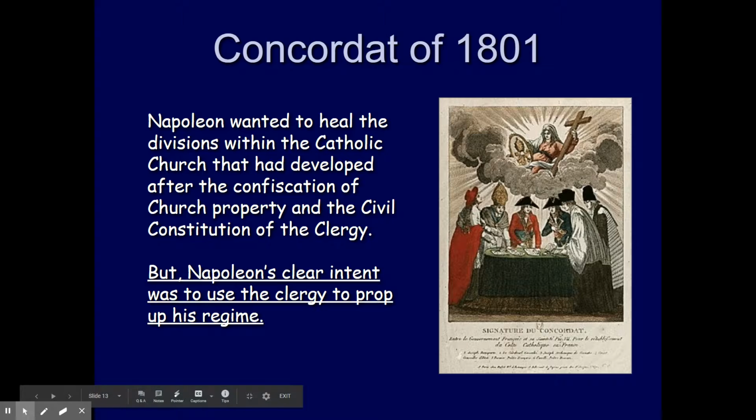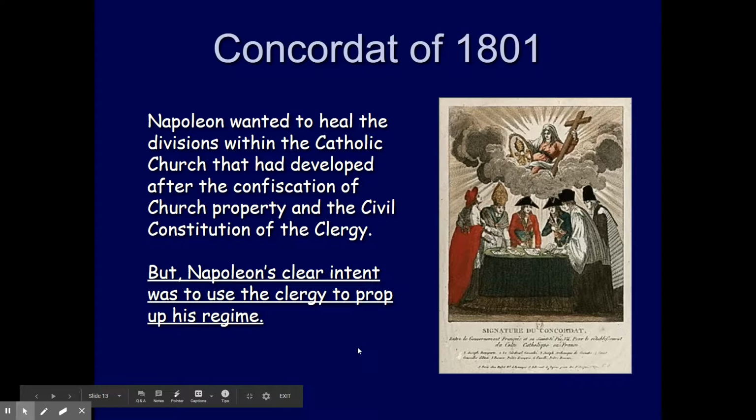He tried finding a middle ground solution between the First Estate prior to the revolution and the way that they had functioned under the revolution. So he gave them some of the lands back, but not all, and he made sure that he was in charge. Initially, the Pope agreed with what he had done, but when he realized that he wasn't doing this from a religious standpoint, but more from a political means, the Pope ended up delegitimizing this concordat.